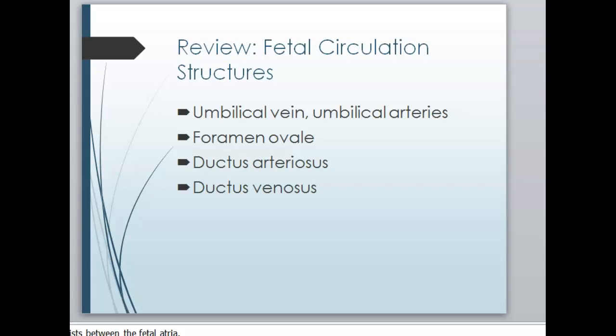One is called the foramen ovale, a shunt or a duct that exists between the fetal atria. The ductus arteriosus connects the pulmonary artery and the aortic arch. And a ductus venosus is a fetal structure that is part of the umbilical vein that empties into the inferior vena cava, diverting a significant amount of blood flow to the liver.